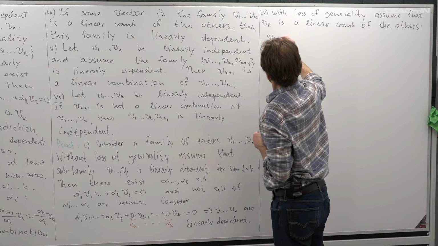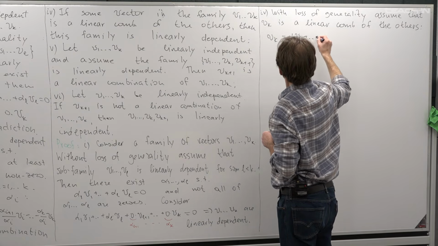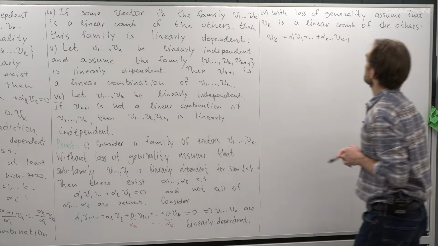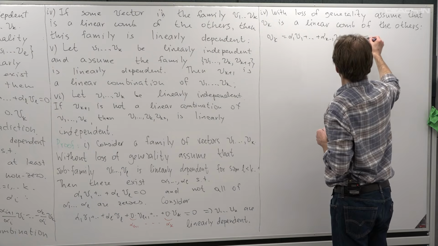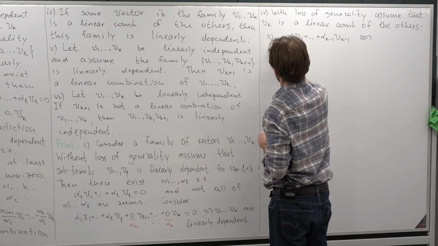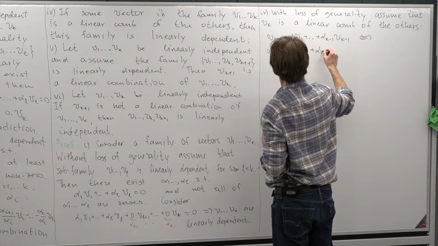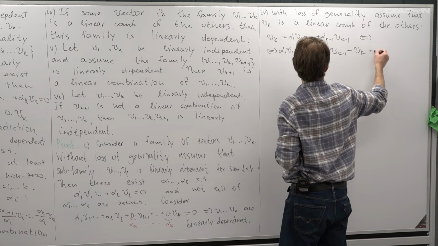So we can write down Vk as a linear combination of V1 plus etc. plus V k minus 1. Okay, so this is equivalent to the relation alpha 1 times V1 plus etc. plus alpha k minus 1 times Vk minus 1 minus Vk equals 0.